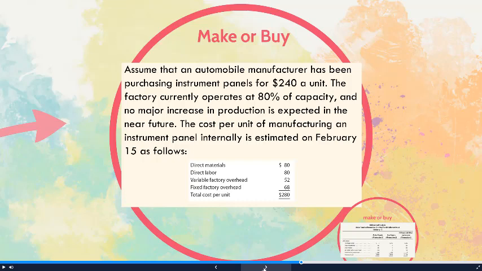Those are all decisions that we have to consider. But initially, we should look at the cost per unit, and what is that cost per unit if we make it or if we buy it. And we have to consider what cost would we have to pay even if we decide to buy it.